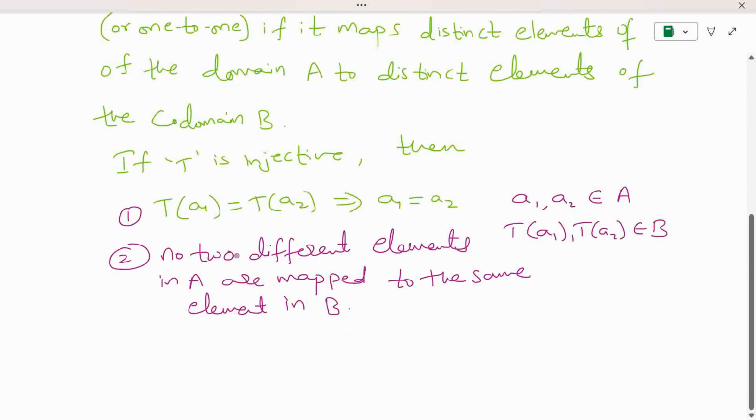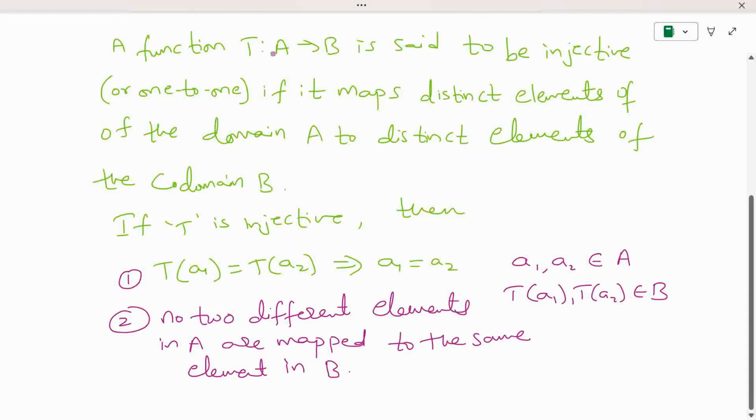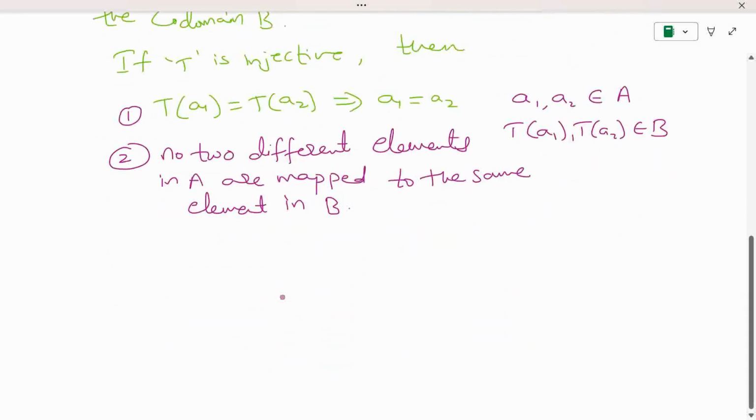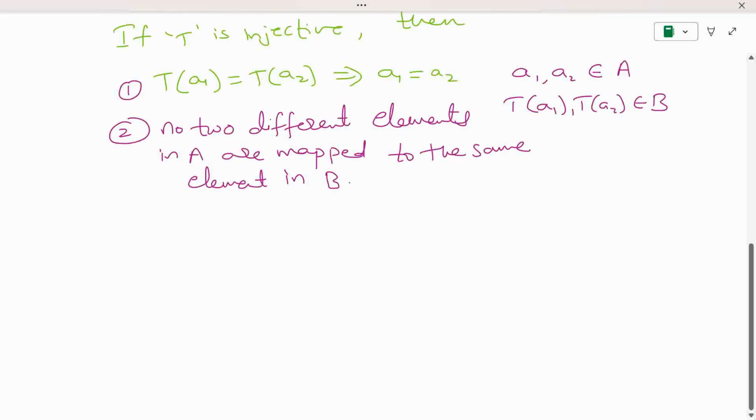These two conditions, if these two conditions are satisfied by this function, then it is an injective function. So let's see an example.